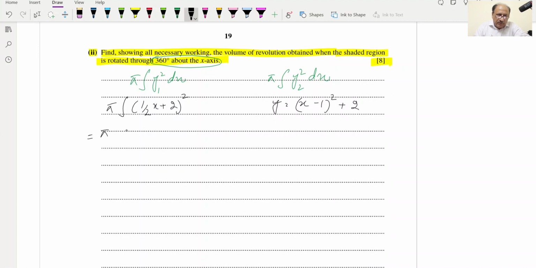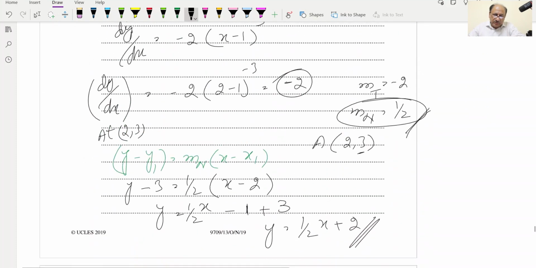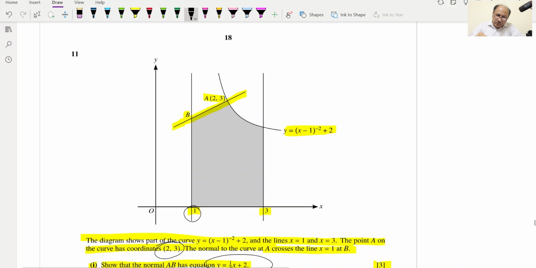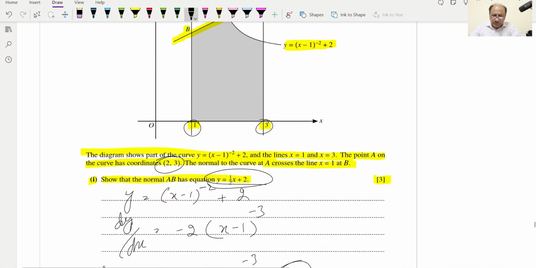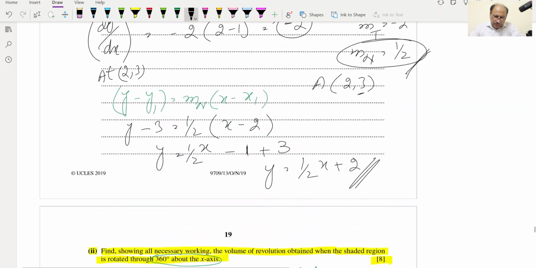Integral of this will be pi, and this will be (1 by 2x plus 2) whole raised to the power 3 over 3 into the derivative of 1 by 2x, which is 1 by 2, so we write 1 by 2 here, with the integral limits. We will take from 1 to 2 for this one, and from 2 to 3 we will be taking the second integral. So the first integral we will take from 1 to 2.